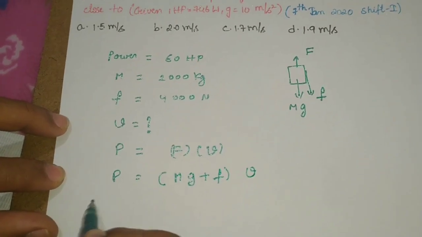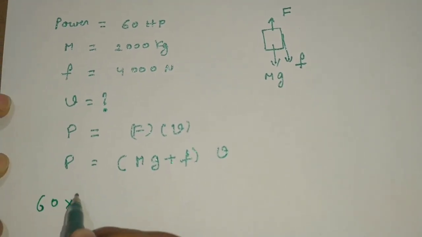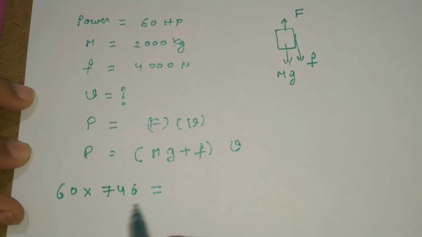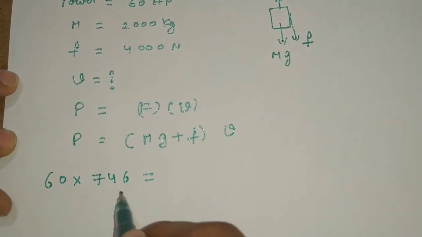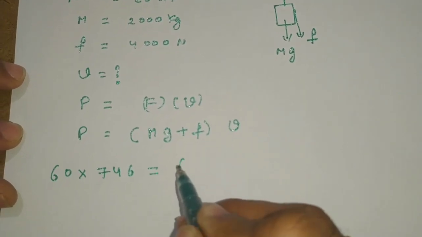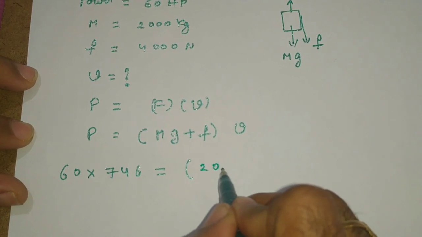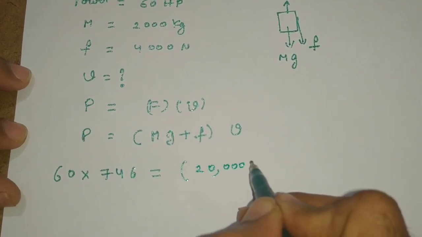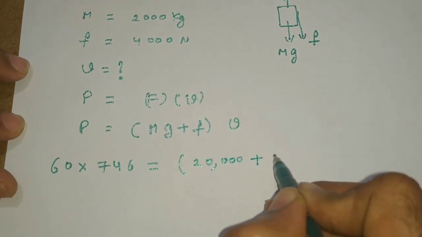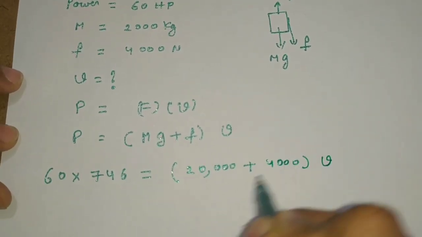Given power is 60 horsepower, that is 60 into 746 watt, equals mg plus friction into velocity. M is 2000 kg, so mg means 20,000 Newton with g as 10, plus friction 4000, into velocity.